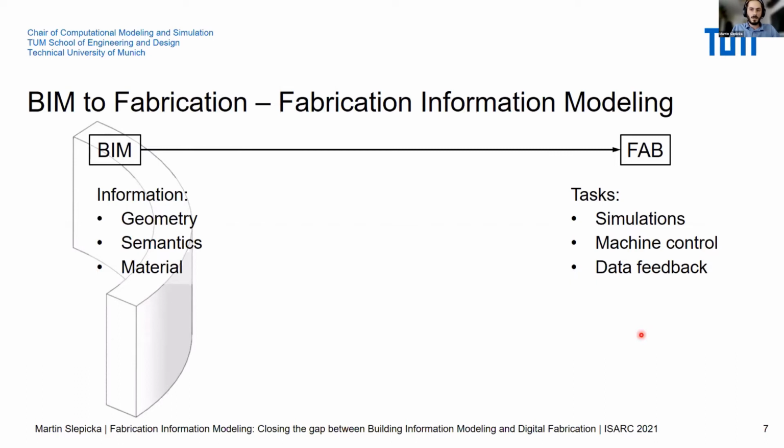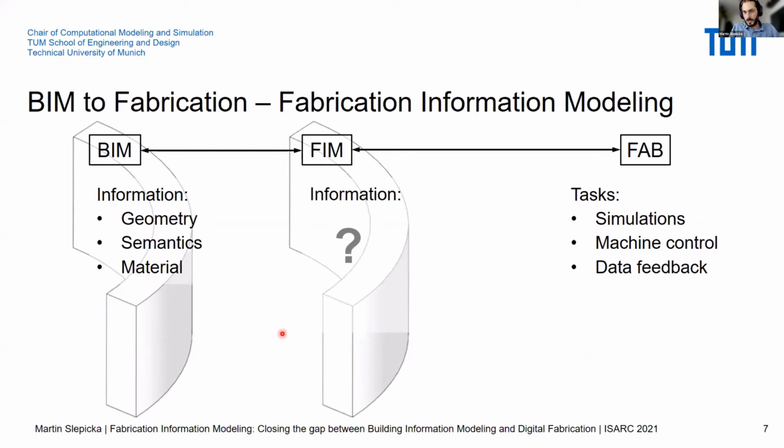And there's a question: what kind of information do we need, and how can we derive it from already existing BIM models, or can it directly be created for FIM and brought back to a BIM model? So, yeah, what about the information?